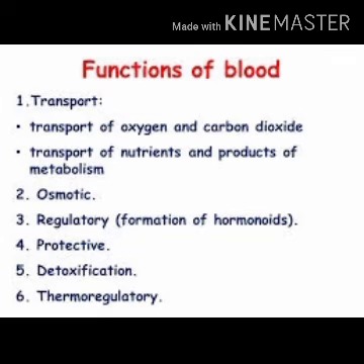Then, thirdly, another material transported through blood is excretory materials. Mainly they are formed in the liver, kidney, or sometimes in the skin also. They are also carried to the excretory organs through the blood. Then, do you remember, first of all I told that the hormones are also released into the blood.